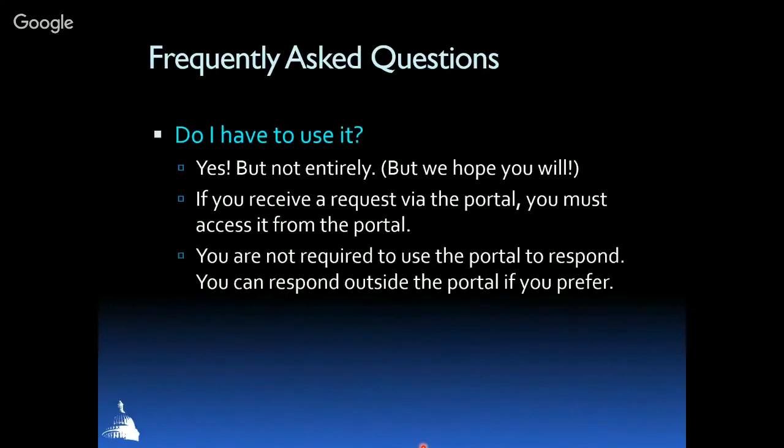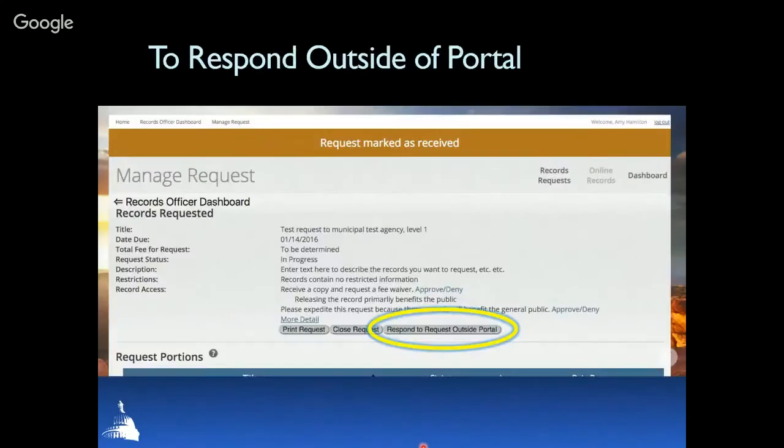But you don't have to respond to that request through the portal. You can respond outside of the portal if you prefer. So if you have a set way that you handle GRAMA requests, then that's great, but you will have to access the request through the portal. This is what it looks like, and I'll show you that a little bit later as well, where if you just want to respond to the request outside of the portal, you just click the button that says respond to request outside of portal.